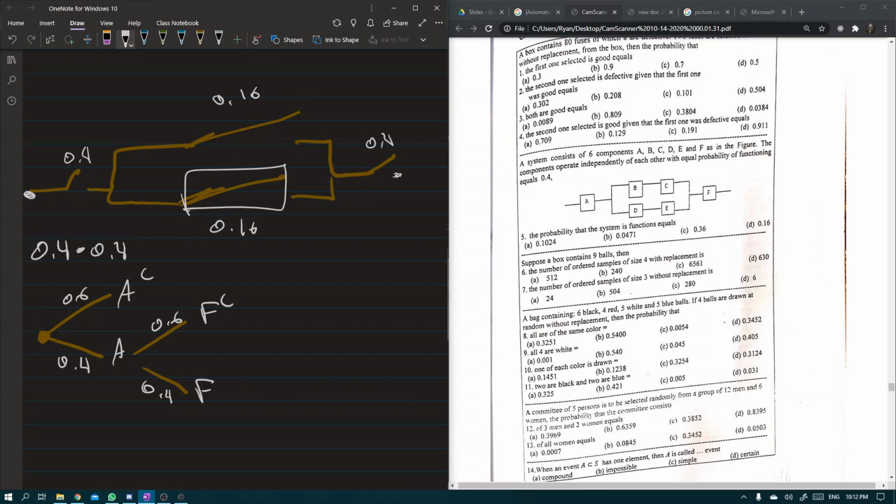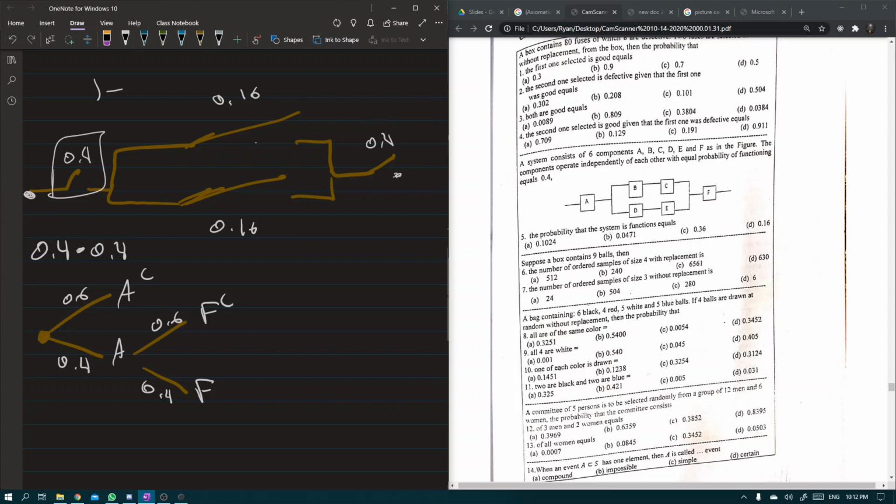This is 0.16. Now we want the probability of both of them not working, because as I said, this one could work, this one could work, or both of them could work. It's easier to only calculate one value and then do one minus, the complement, than to calculate three values, because then you'll need to multiply this and this.